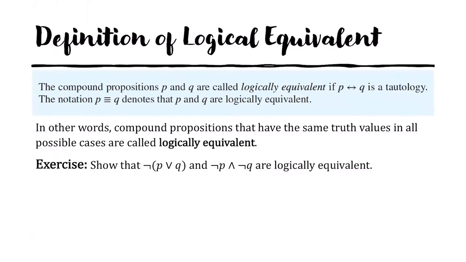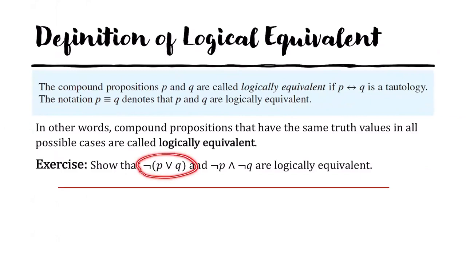So we can look at an example. Let's say we want to show that not (P or Q) and not P and not Q are logically equivalent. That means we need to show either they have the same truth table, or that not (P or Q) if and only if not P and not Q is a tautology.